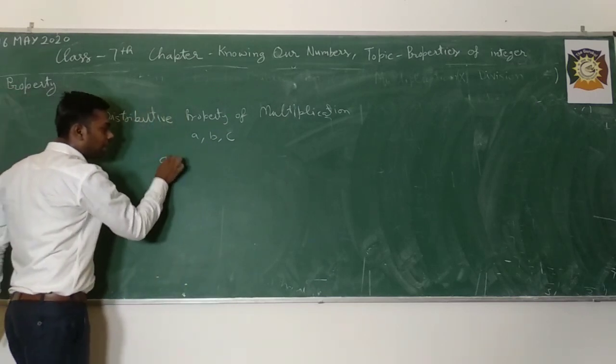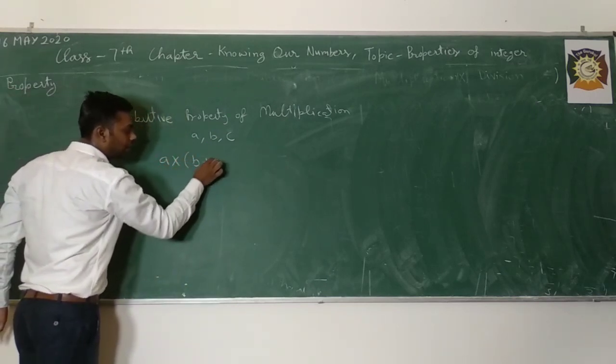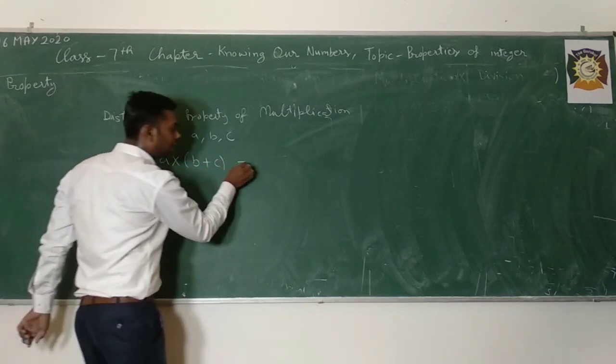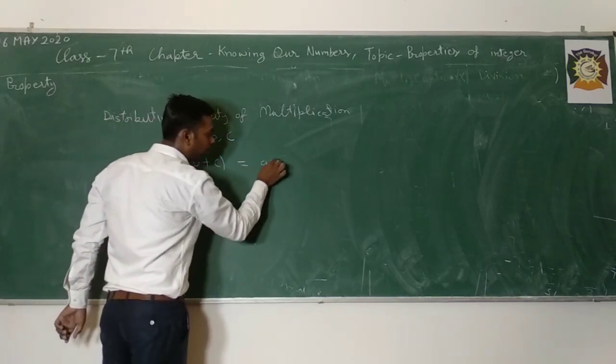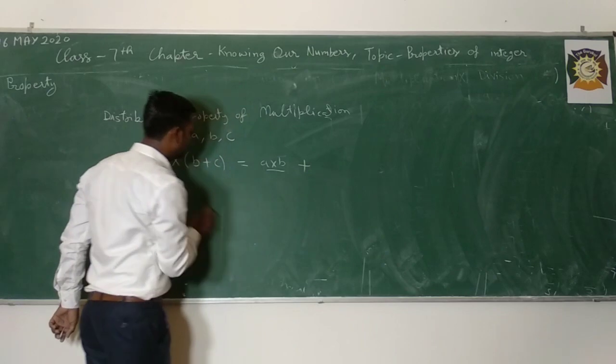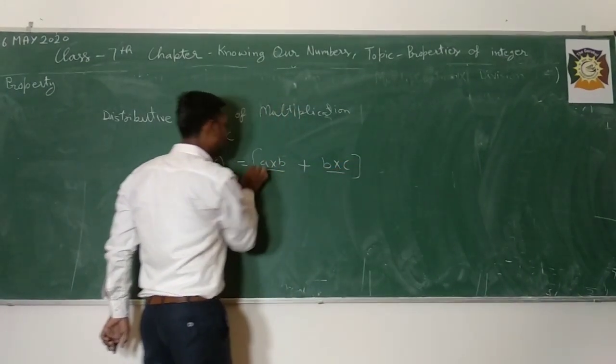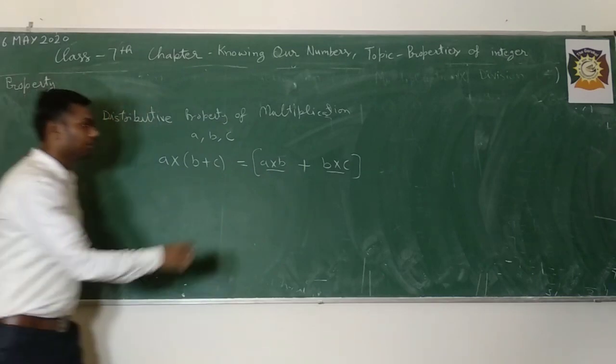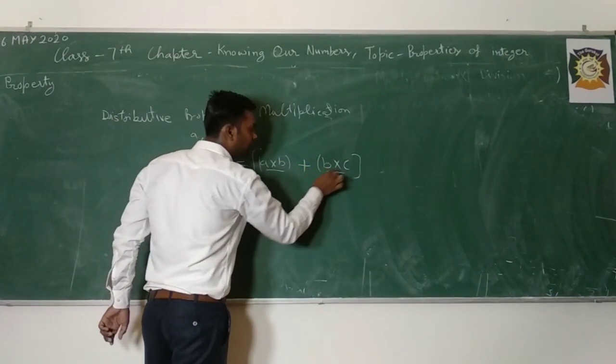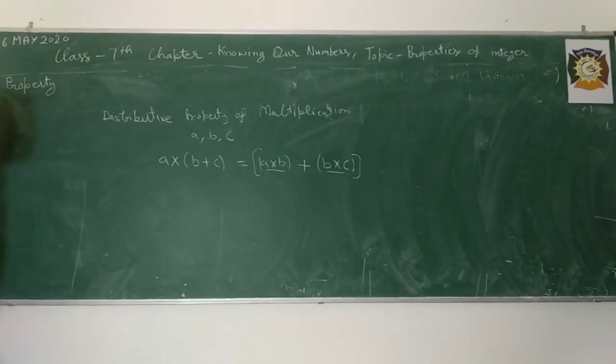If we multiply a into b plus c, we can directly say that a into b plus c is equal to a into b plus a into c.